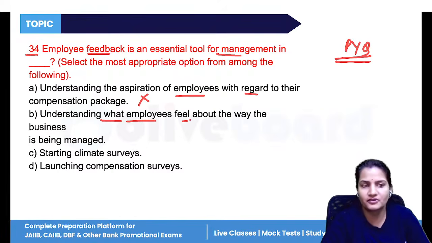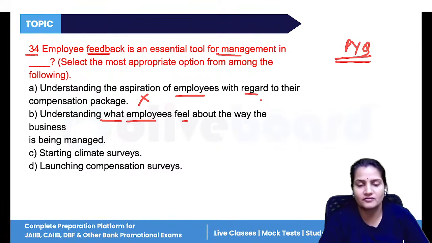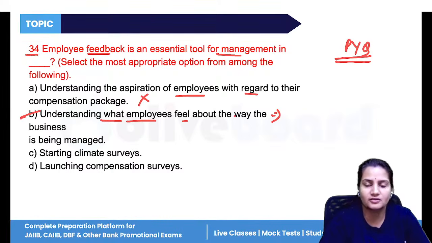Understanding what employees feel about the way the business is being managed, so that the company may also know where we are lacking. What are the things that are important for our employees? So you have to provide all those things. That is why you have to take the feedback of the employees, so that you can make better decisions for your growth.